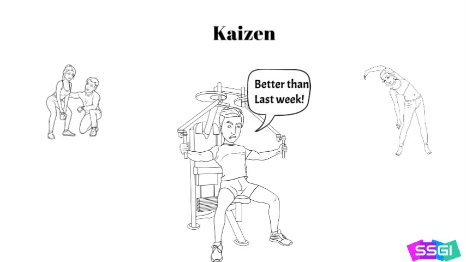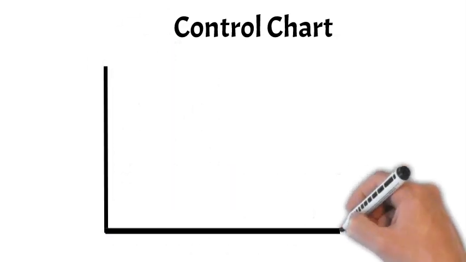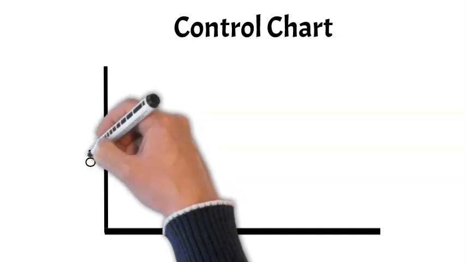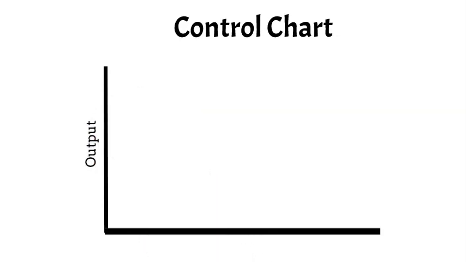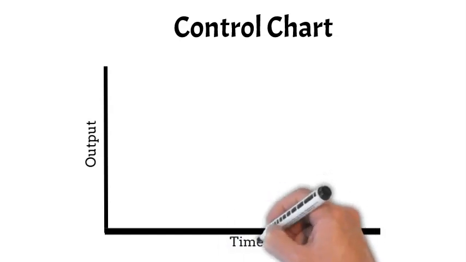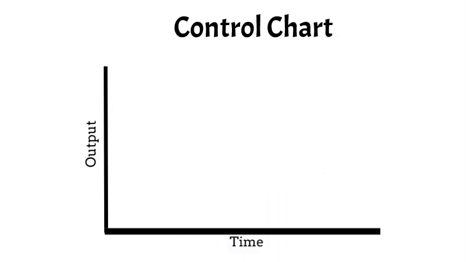One of the most important steps in process management is to develop a control system ensuring that the process output meets standards. Control charts display output measurements on the vertical axis with time displayed on the horizontal axis.